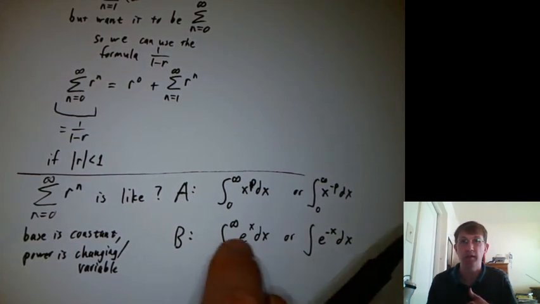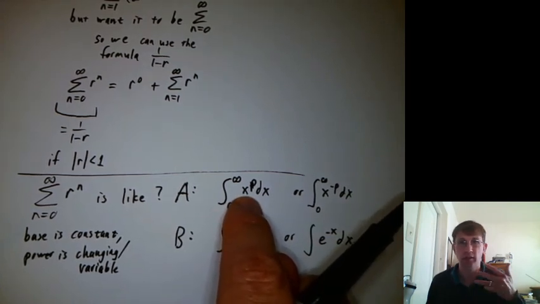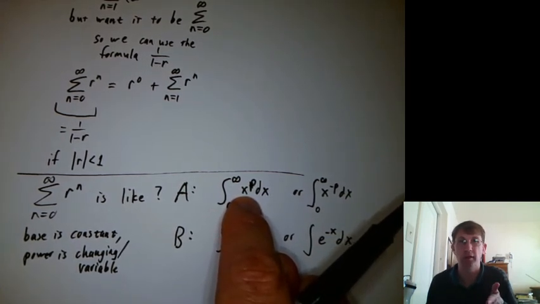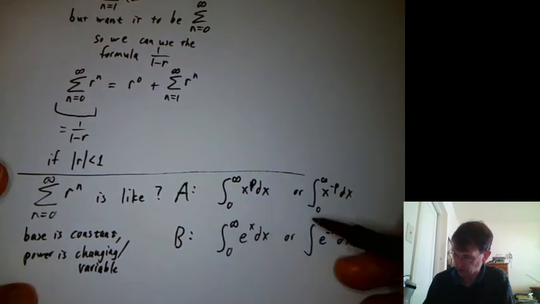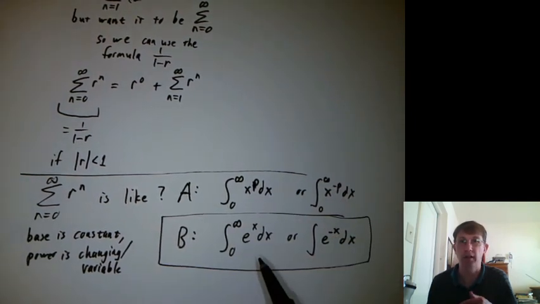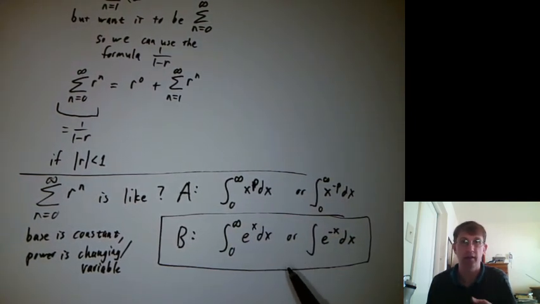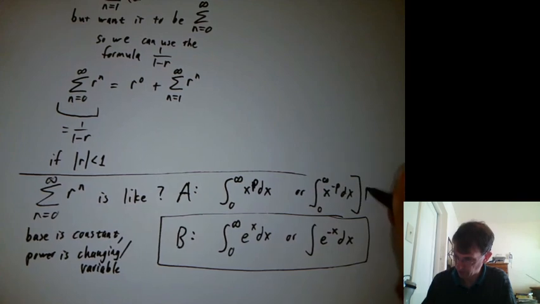It's B, because e is a constant. Here the x starts at 0 and then goes to 0.00 something and then a little bit more than that, so there the base is changing. So geometric series is really like integrating e to the x or e to the negative x or 0.5 to the x or something like that. So this one is a nope.